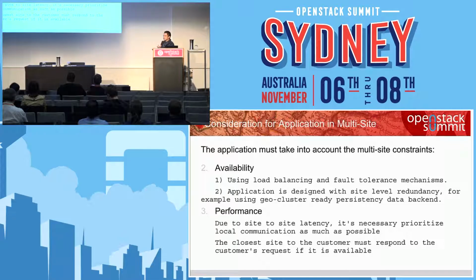We should reduce the data replication between different sites because the replication will be very important to make a decision whether to switch over the traffic or not.